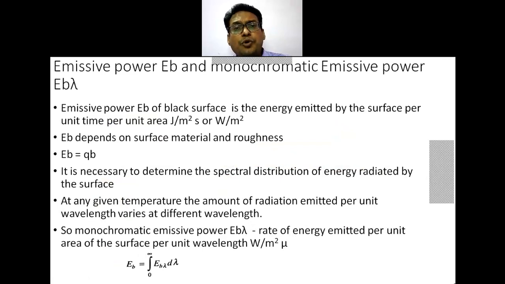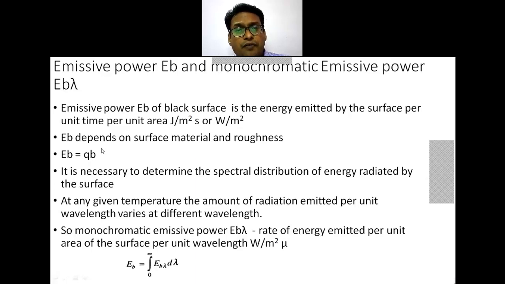Then the emissive power and the monochromatic emissive power, EB and EB lambda. EB is our emissive power for a black body. Emissive power for a black surface, EB, is the energy emitted by the surface per unit time per unit area, joules per second per meter square.